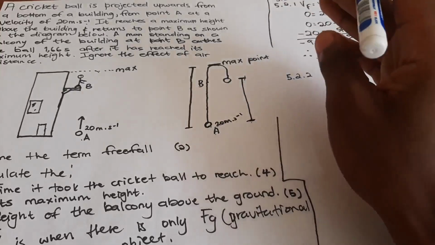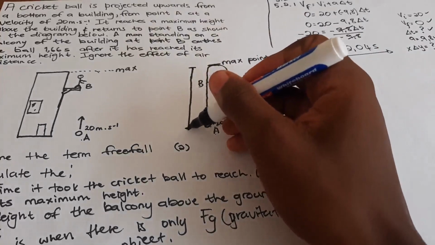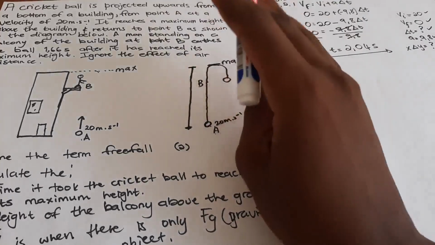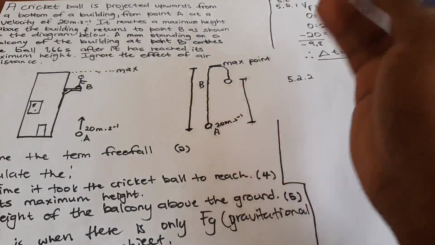In order for us to calculate the height of the balcony, we have to first calculate the height of the whole building, because the balcony is in the building.